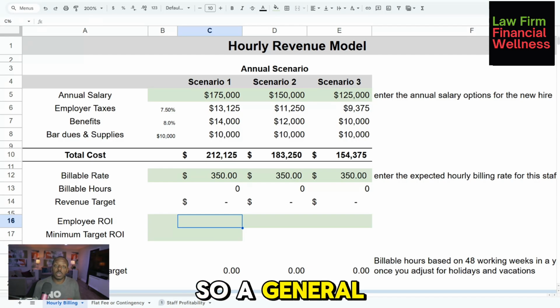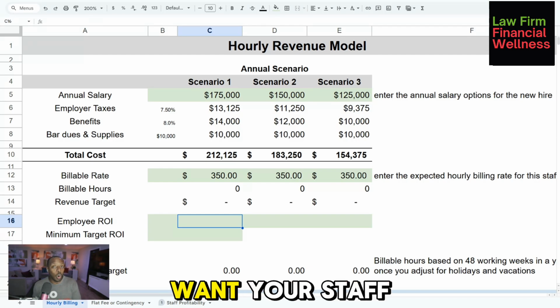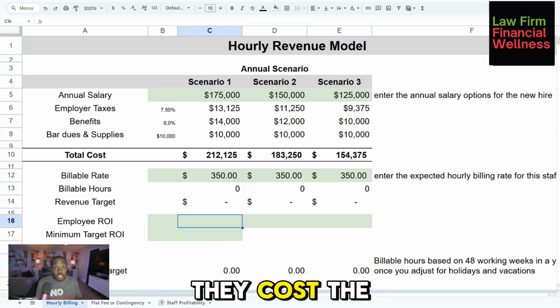A general rule of thumb is that you want your staff to produce 3 times what they cost the firm.